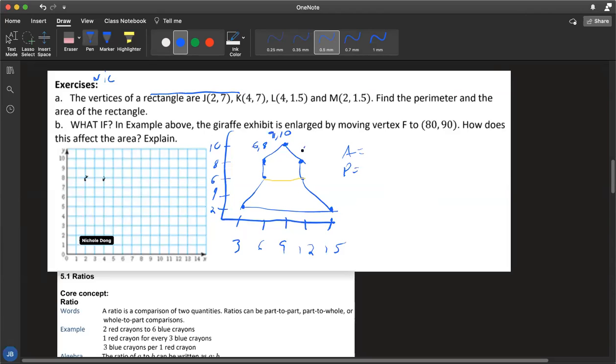And here we have 12, 8. Here that looks like a 13. 6, 6. Sorry. 12, 6. 15, 2. And over here we have 3, 2. So this is a 12. Oops. There. Does that look better?